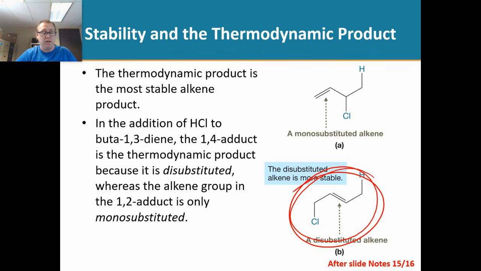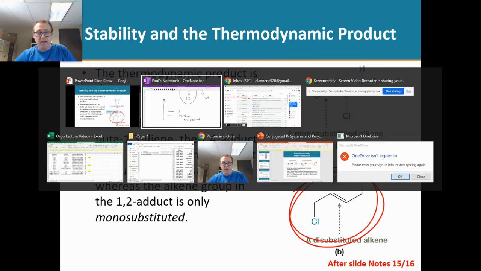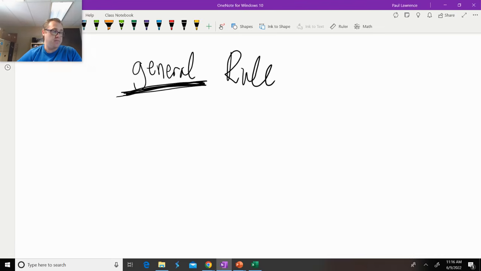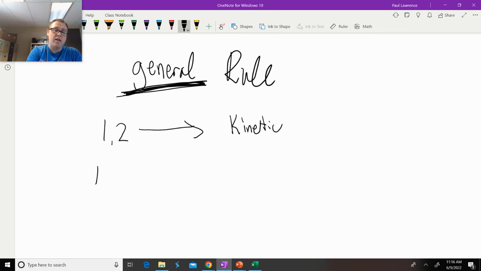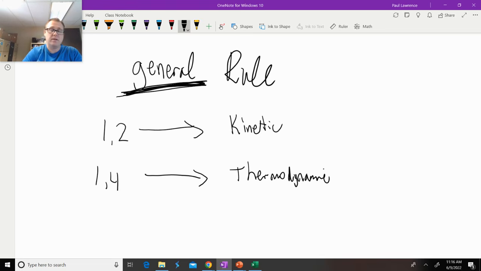Okay? So in summary, we can make out the general rules here. The general rule is the 1,2 product is going to give us the kinetic product. And the 1,4 product typically is the thermodynamic product. That is a general rule.